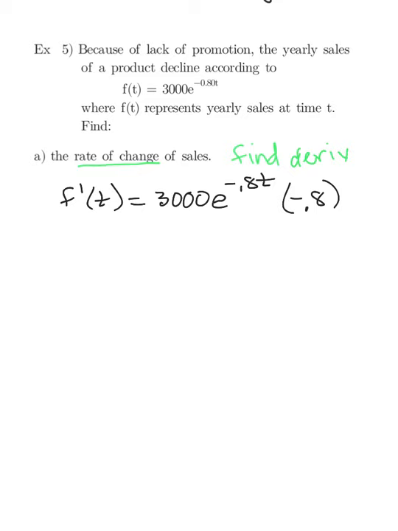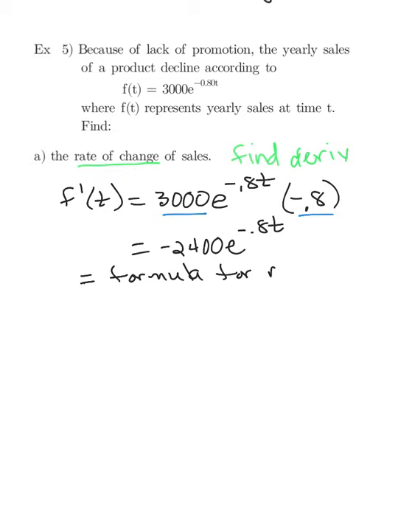I'm going to clean this up by multiplying the 3,000 and the negative 0.8. That will give me negative 2400 e to the negative 0.8t power. So this is our formula for rate of change.